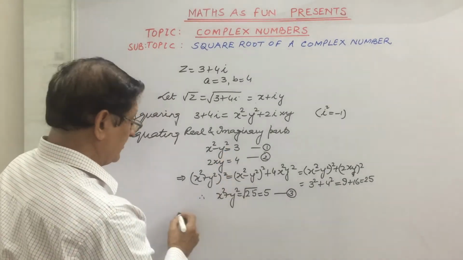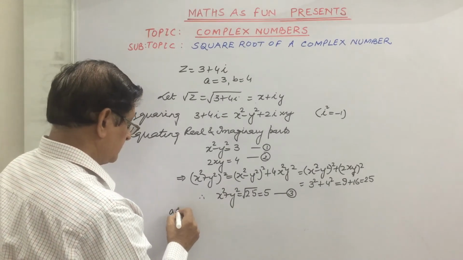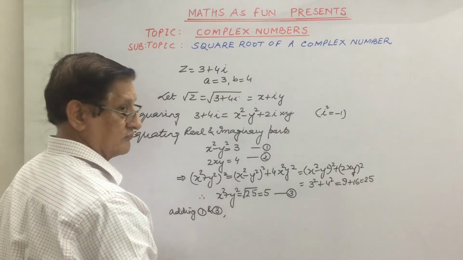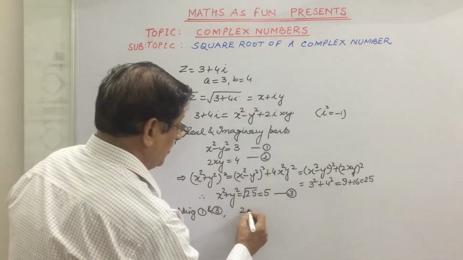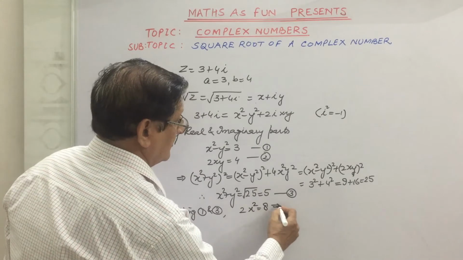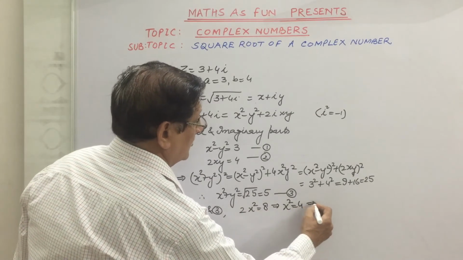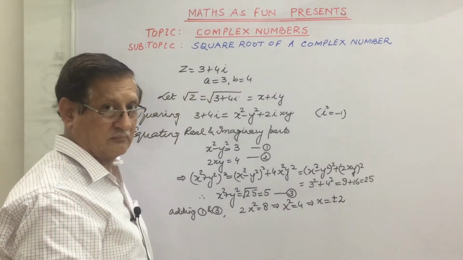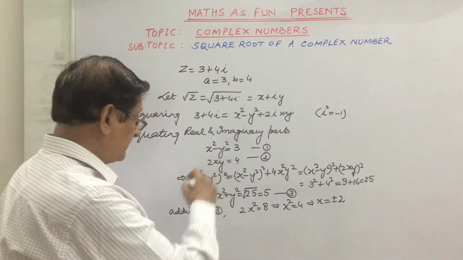Now if we add 1 and 3, we will have 2x square is equal to 8. It means x square is equal to 4. So can we say that x is equal to plus minus 2?